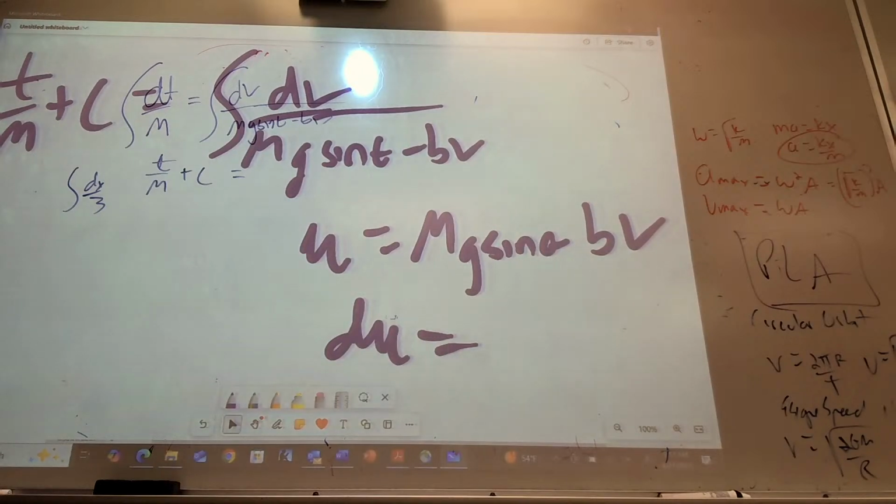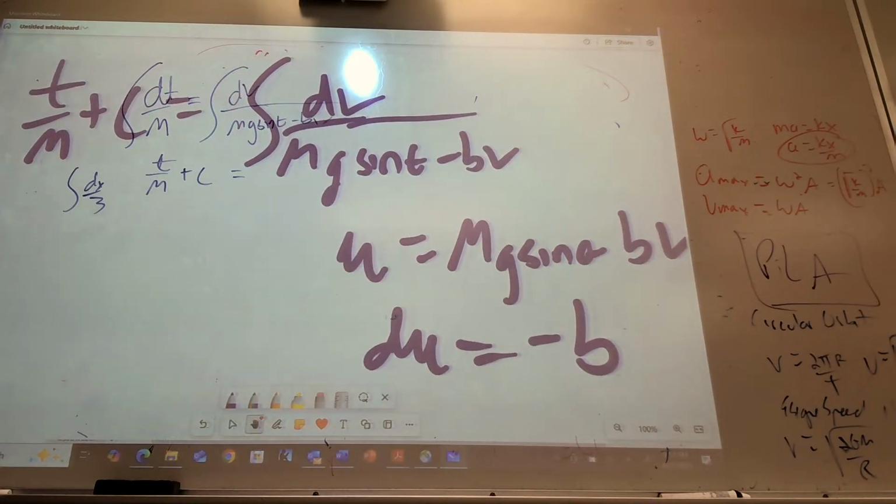What's the derivative of a constant? You have to know this for the test Wednesday. It's 0. The derivative of x is 1. The derivative of a constant is 0. What's the derivative of minus bv if v is the variable? Minus b. Okay, do we have u to u? No. So we have to multiply and divide by minus b.